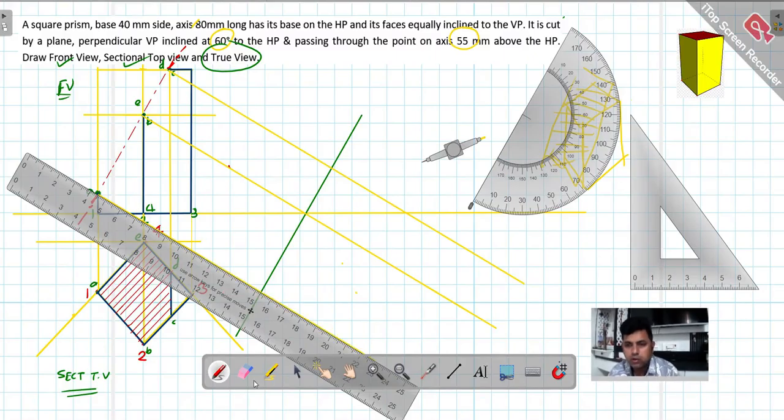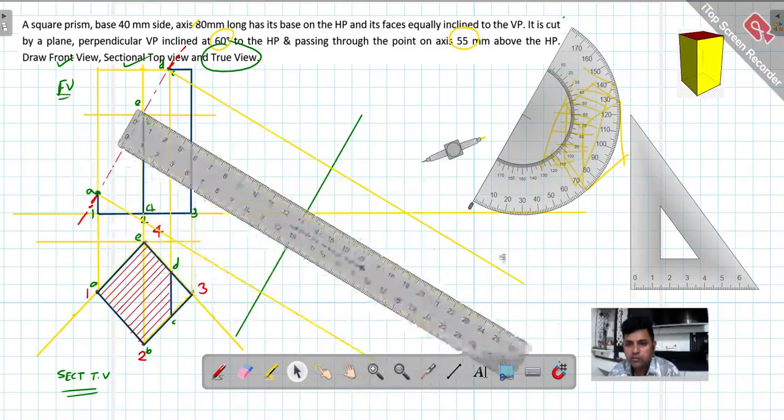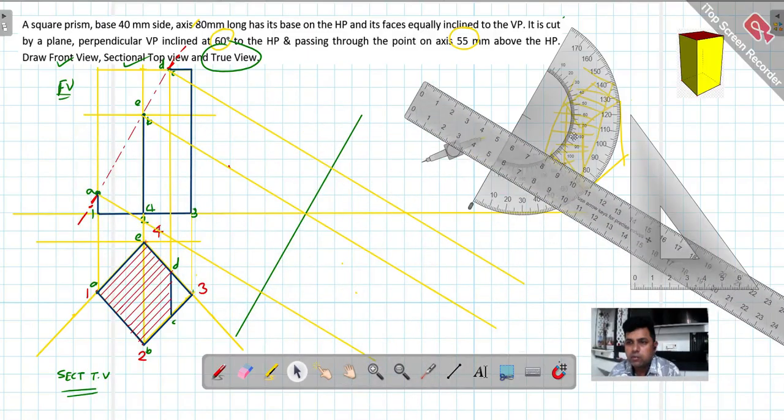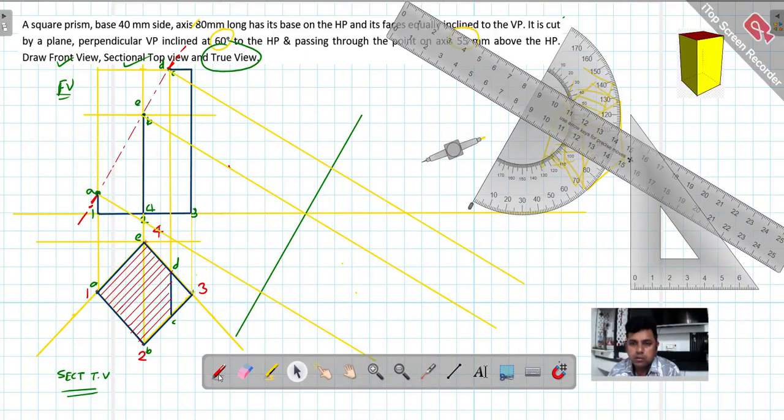Okay, how? See, first what we have done to this cutting plane, I have drawn this line. Let us label it as the axis only. So that axis is nothing but this axis.